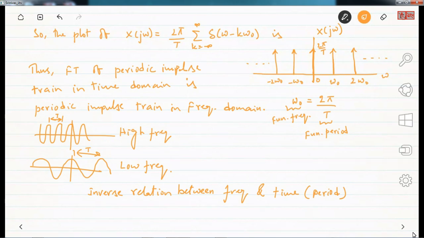Let's move on to the last topic in Fourier transforms, which is properties of Fourier transforms.